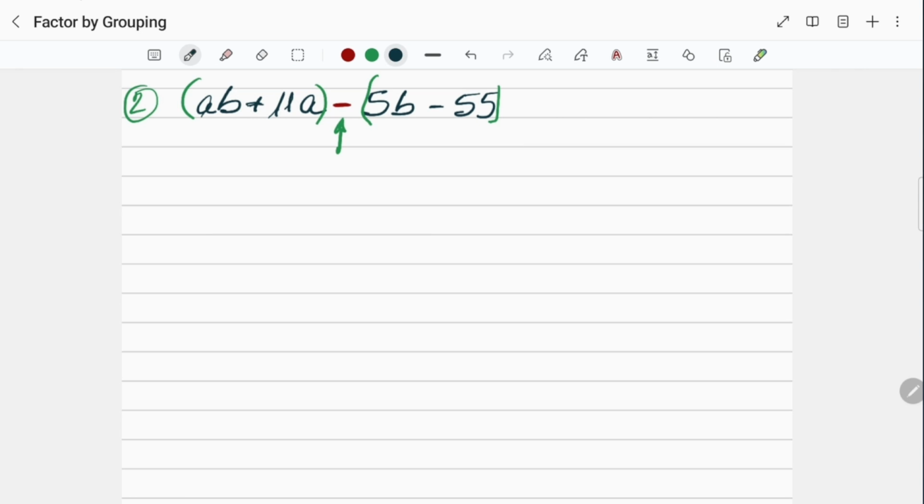Okay, let's rewrite my polynomial now in the right way. Now I put my negative sign, open my parenthesis, 5b, and inside positive 55.